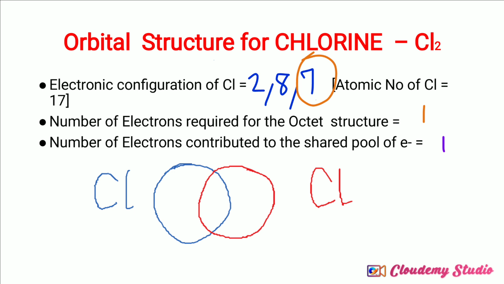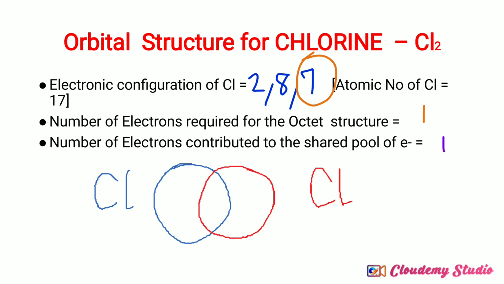For the two chlorine atoms, I have drawn 2 circles intersecting each other. The left hand side one, chlorine atom, is drawn with blue ink, and the right hand side is another chlorine atom drawn in maroon. First, we need to fill the electrons in the shared pool of electrons. That is very important.